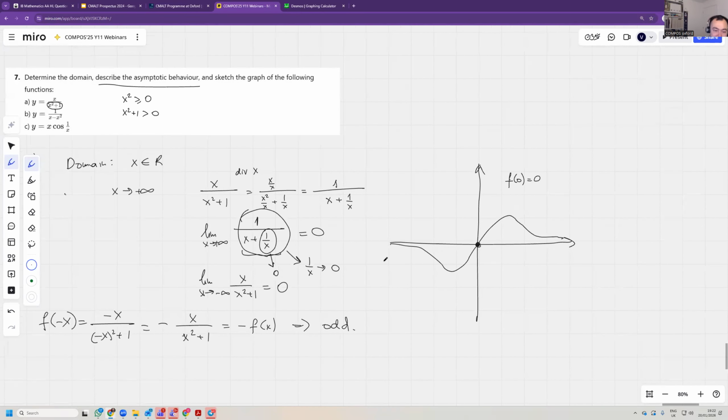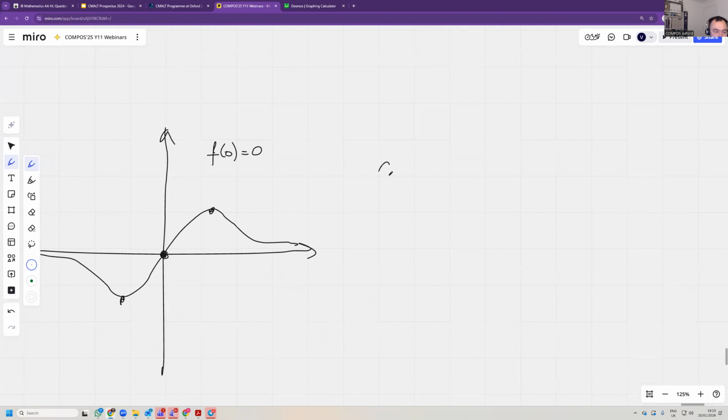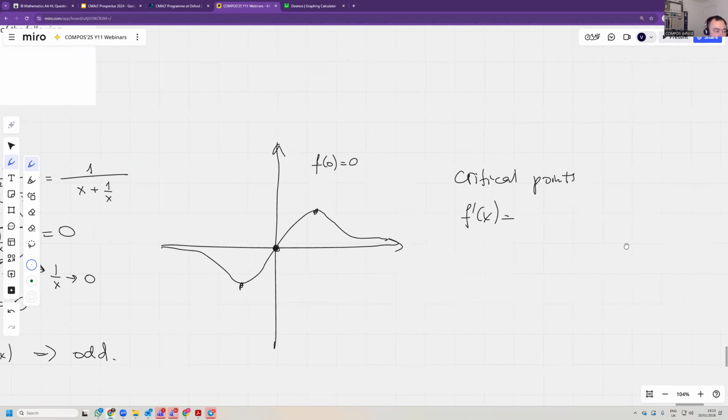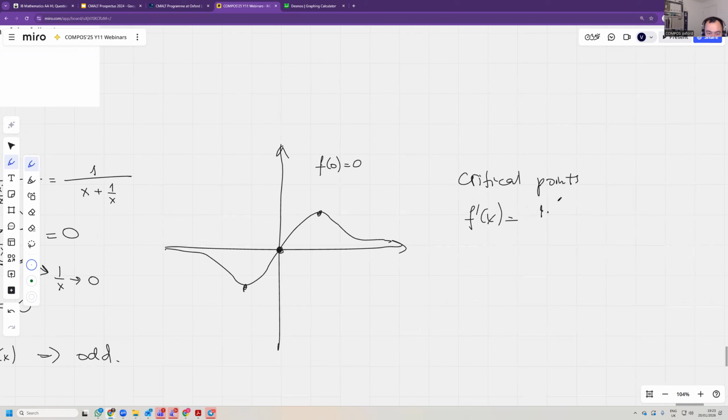They're not asking to find the minimum and maximum, but you could potentially find them. To find them, you would need to differentiate. Critical points, let's do that. f dash of x is 1 multiplied by x squared plus 1, minus x multiplied by 2x, divided by x squared plus 1 squared, and that's equal to 0 if x squared plus 1 minus 2x squared is equal to 0.